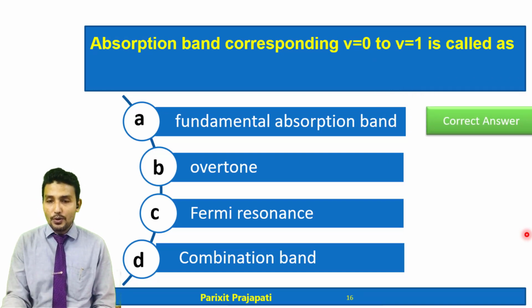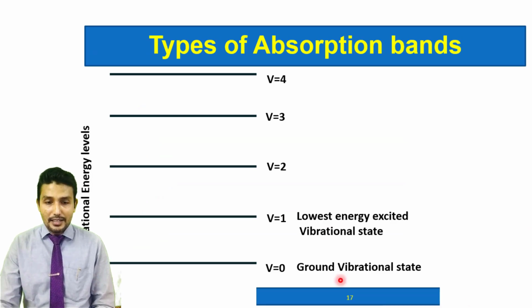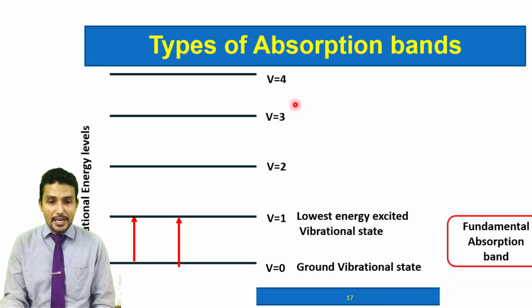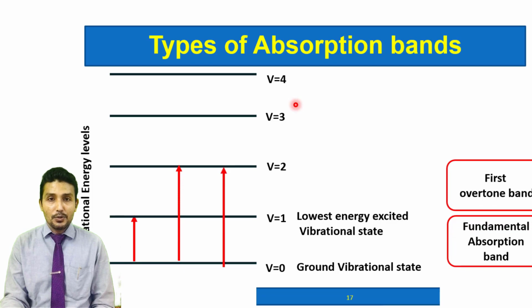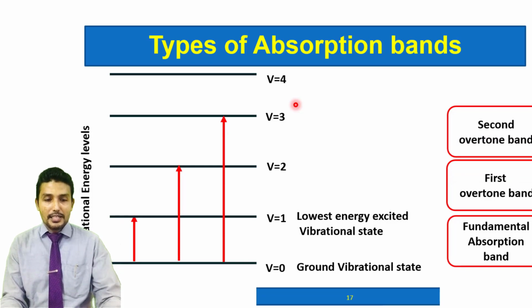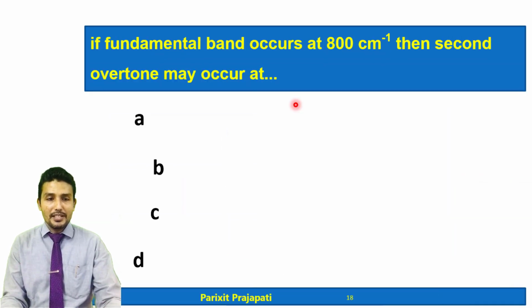Nu 0, nu 1, nu 2, nu 3, nu 4 are different vibrational energy levels. From 0 to 1 is known as the fundamental absorption band. If 0 to 2, it is known as the first overtone. If 0 to 3, it's the second overtone. So the correct answer was fundamental absorption band.